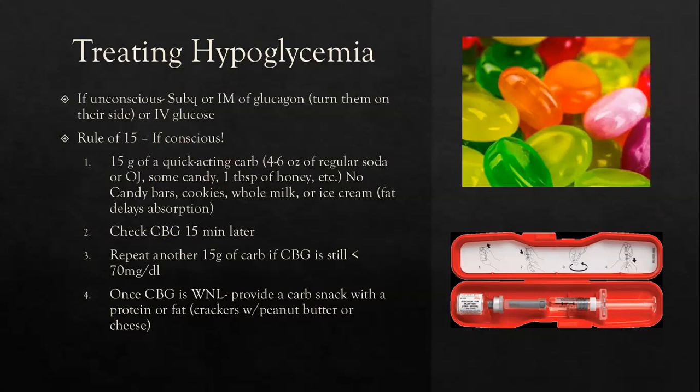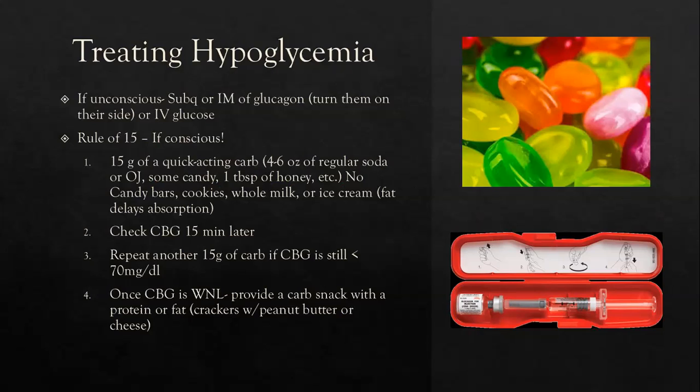You're going to do 4 to 6 ounces of regular soda or OJ. You can give them hard candy, 1 tablespoon of honey. There are a few more examples in your textbook. Again, no candy bars, cookies, whole milk, or ice cream because the fat delays absorption, and this is when you just want to get their sugar up quickly.